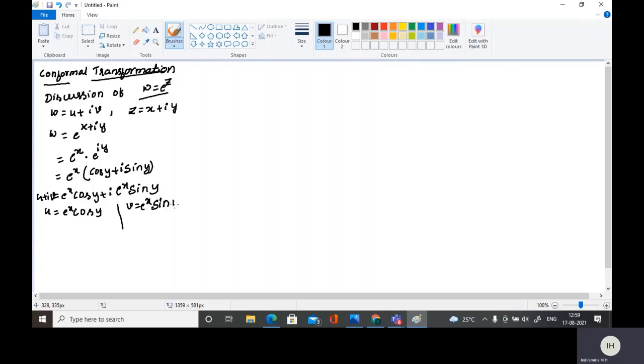So now we have to consider the curves in the z plane and find the images of those curves in the w plane. For that we have to eliminate x and y to form the equations. First I will consider v by u, which makes it simple.